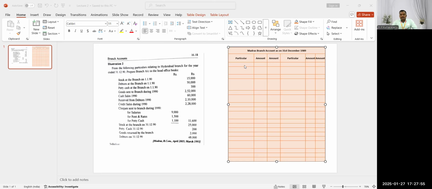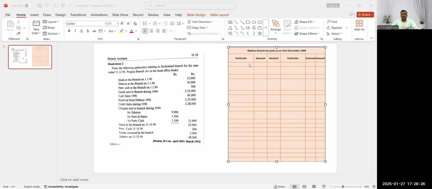These are the items that should be taken and debited in the branch ledger account. In case you take opening liability of the business in branch, then goods returned from the branch to head office, cash received from branches, cash collected from the branches, then closing debtors or closing stock, these items are taken and credited in the branch ledger account.